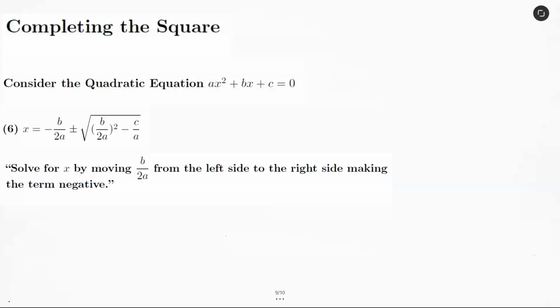Now, one thing to note here is that if you simplify this up a little bit, you get our famous quadratic equation. x is equal to negative b plus or minus the square root of b squared minus 4ac over 2a.